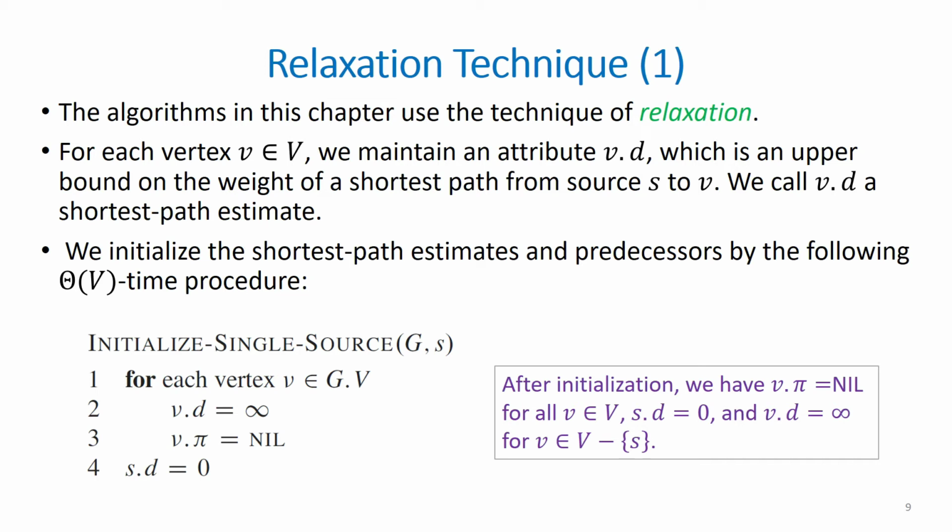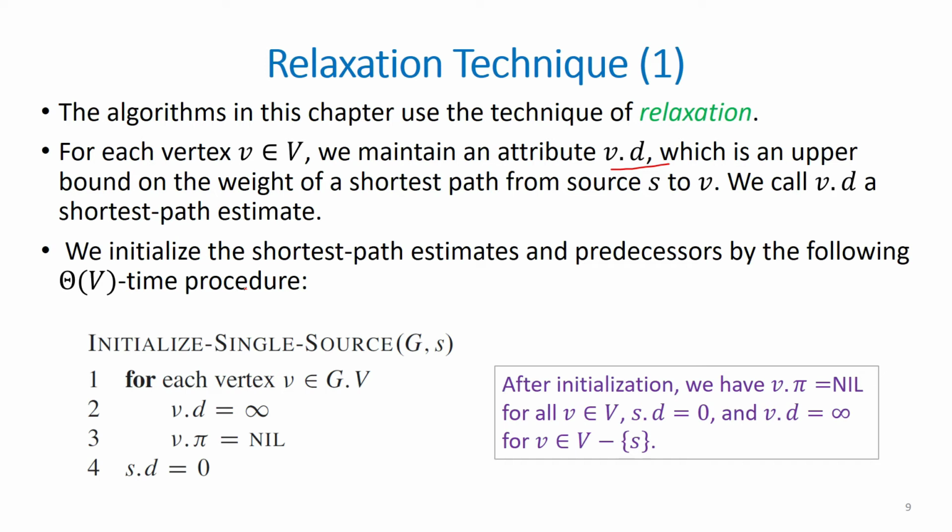For this purpose, we need to keep track of two attributes for each vertex v in the graph. One is the attribute v.d, which is an upper bound value or estimate on the weight of a shortest path from S to v. The other attribute is v.π, which indicates the vertex through which we arrive at vertex v when determining the shortest path.